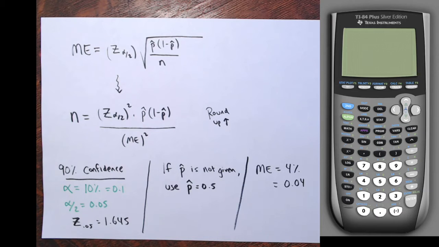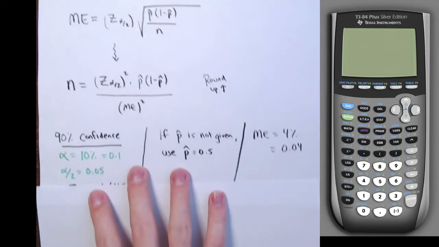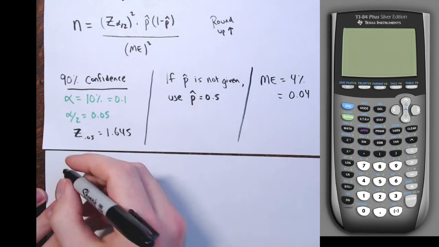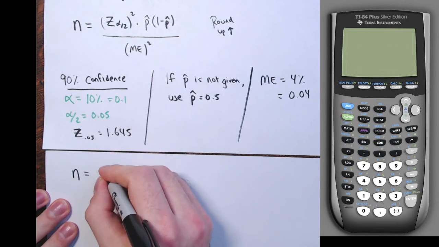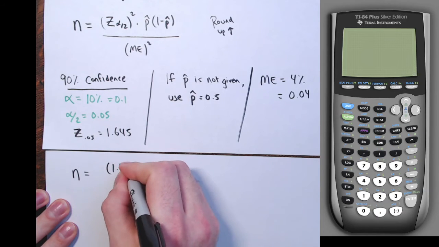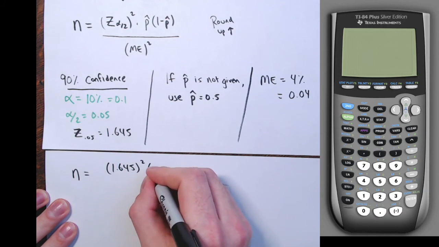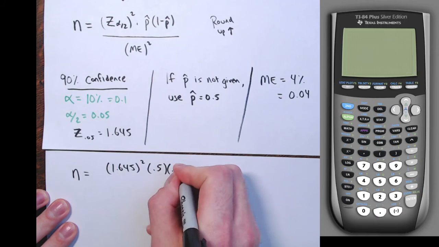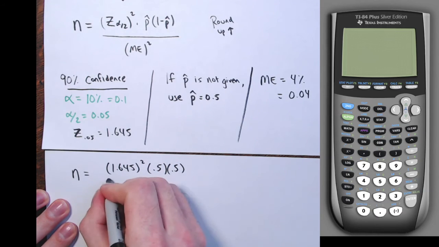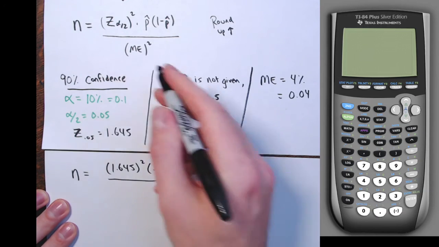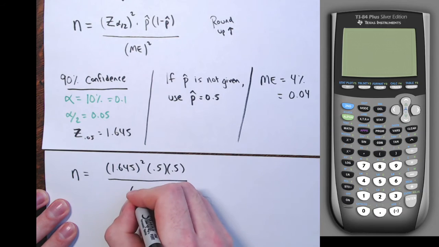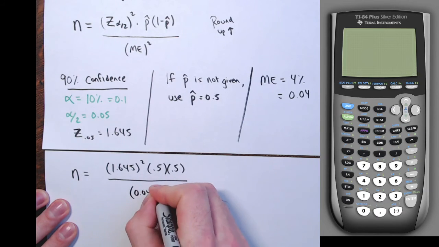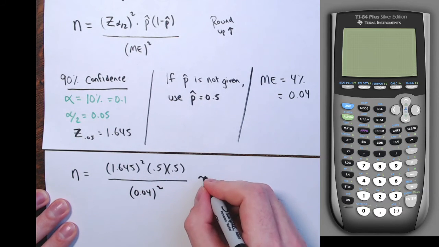So now I pop all those into my formula. Now I have all the missing pieces. So n, the sample size, is going to be 1.645 squared times 0.5 times 0.5 again. I could have just written 0.5 squared, divided by the margin of error they wish for, 0.04 squared. And we're going to round that up.